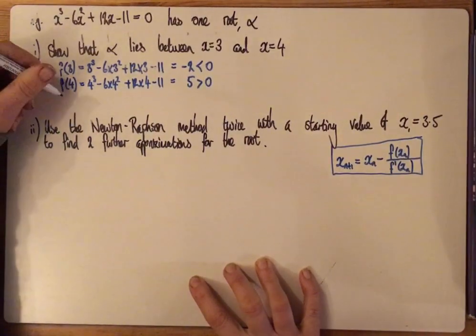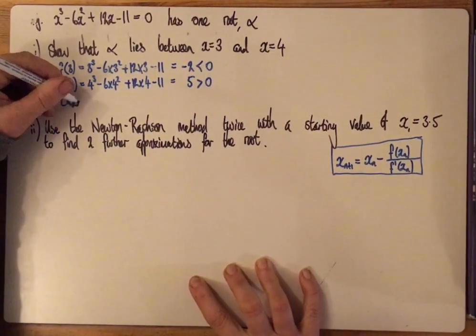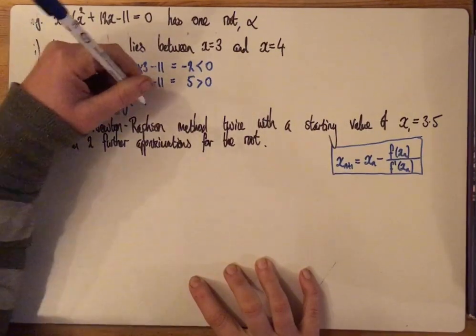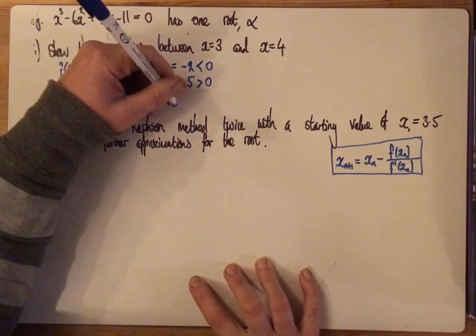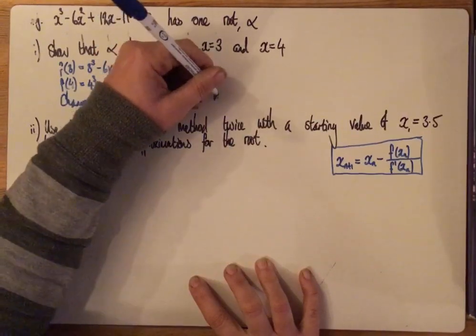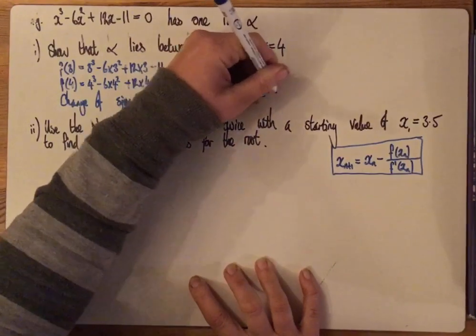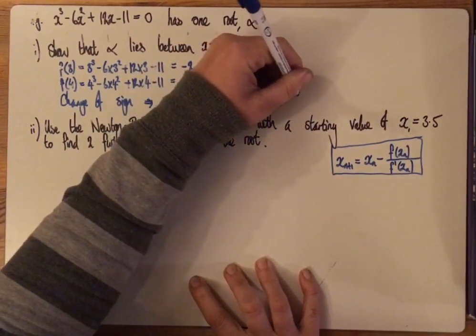And then you need to just write in the change of sign. Implies alpha lies between x equals 3 and x equals 4.